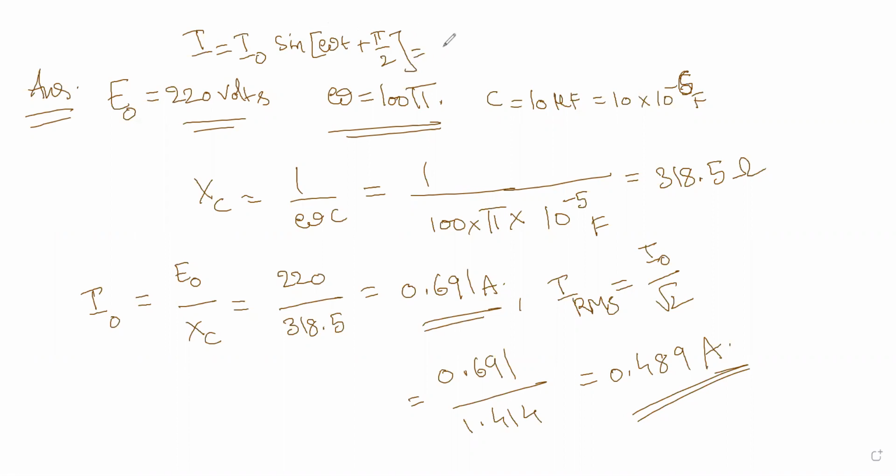So the I naught value we will substitute, that is 0.691. Sorry, 0.691. That is the I naught value, sine of omega t value is 100 pi t plus pi by 2. Hence the answer. This equation, whatever you write, is called the instantaneous current equation.